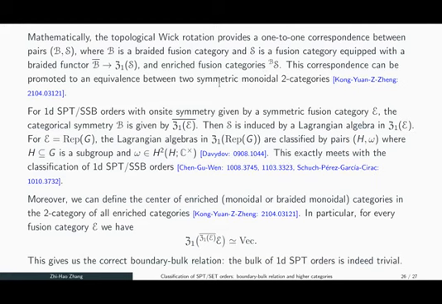Yes. I want to ask, your 1D SPT or SET order, the symmetry is given by a symmetric fusion category. So I want to ask if this symmetric fusion category is like Vec_G^omega, then the virtual bulk is somehow anomalous, right?